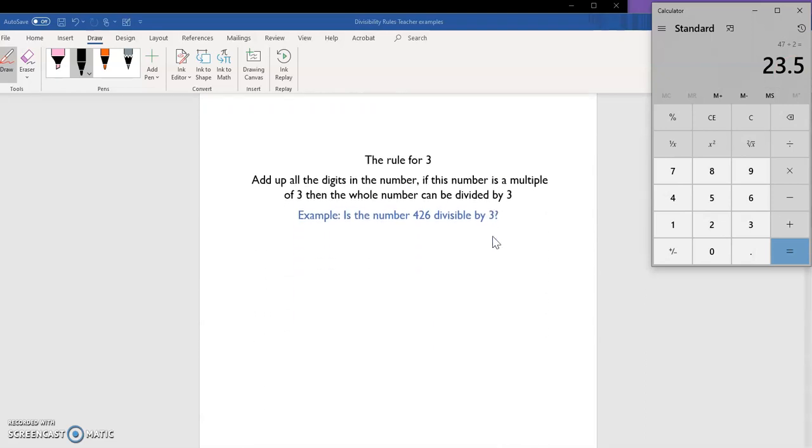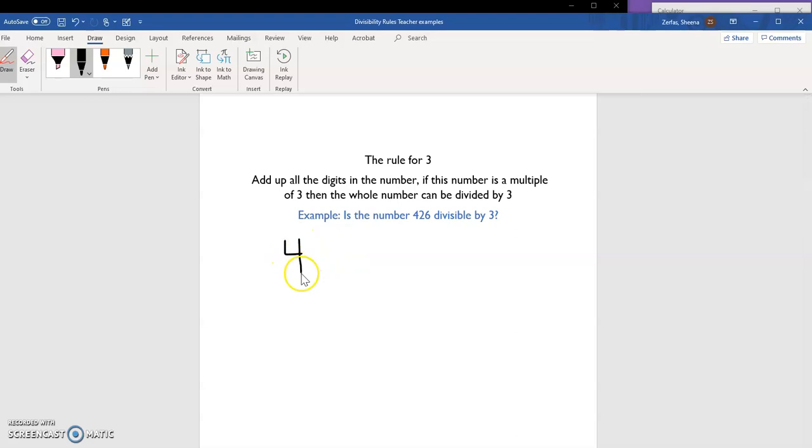The rule for 3 says to add all of the digits, and then if that is a multiple of 3, then the whole number can be divided by 3. There's a couple steps to this. The first one is I'm going to take each of these and add them together. So 4 plus 2 plus 6. 4 plus 2 is 6, and 6 plus 6 is 12.